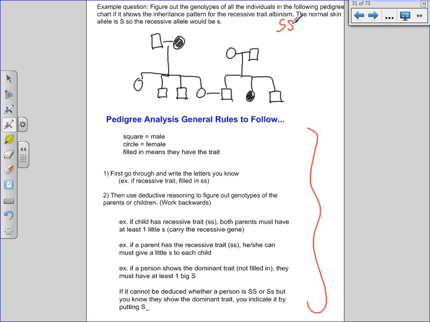Okay, so when you see them written like this, that means that they are married. The square is the male and the circle is the female. When you see them attached in this fashion, then these ones down here are their children.